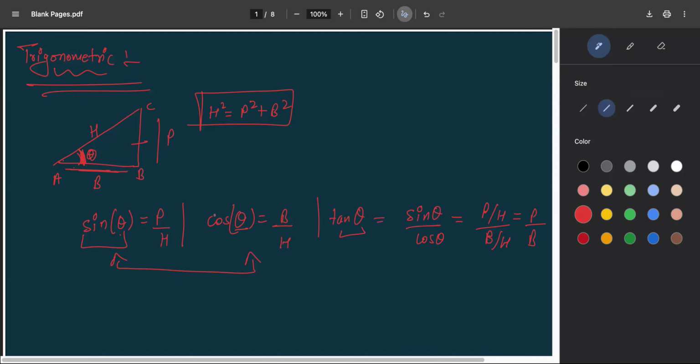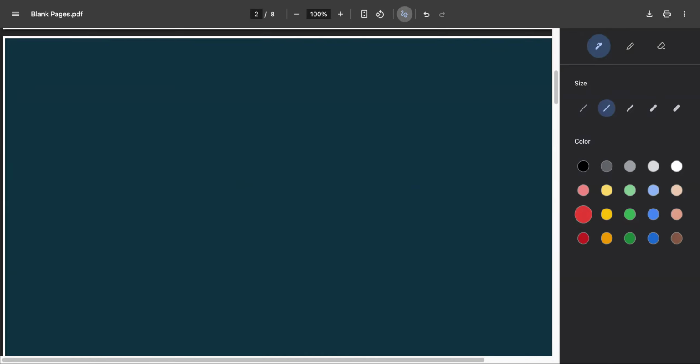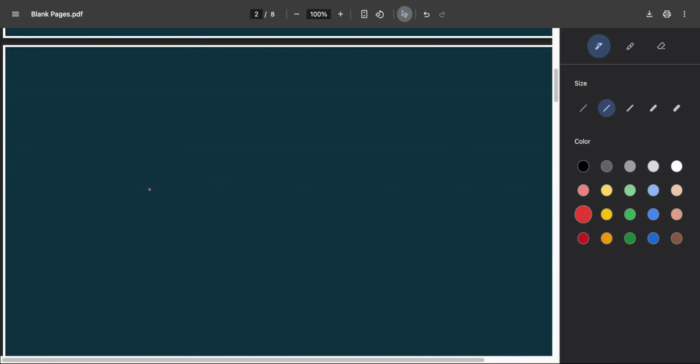Let's talk about this cos of it. I'll take a different example for this one. Assume that you have a mirror over here, and this is a rod, a line or something. With respect to cos, let's talk about the physical significance.